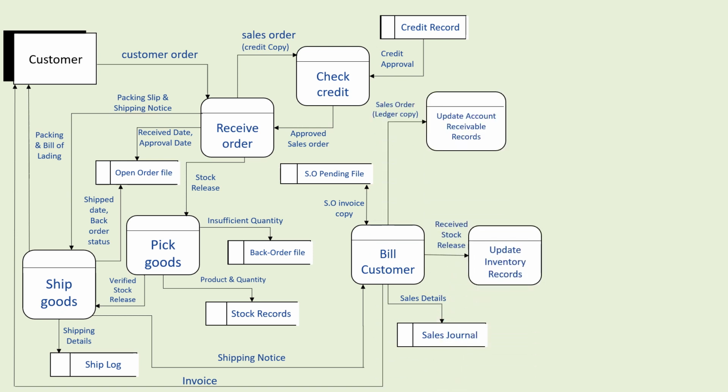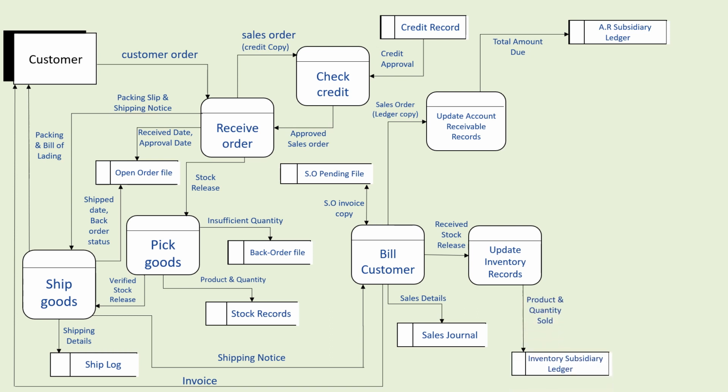and also we will update the two sides of the account, which are the inventory record and also the account receivable, as we said, because this is a credit sale. So now by updating the inventory records and the account receivable records, we need to update the total amount due in the account receivable subsidiary ledger, and also update the inventory subsidiary ledger.